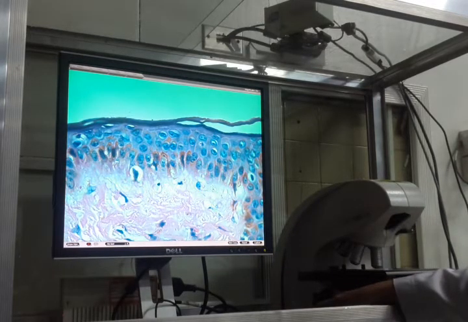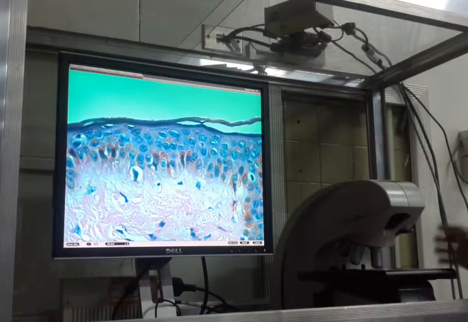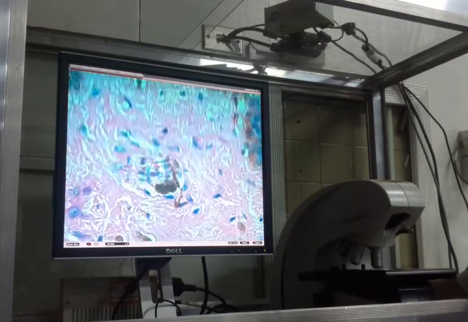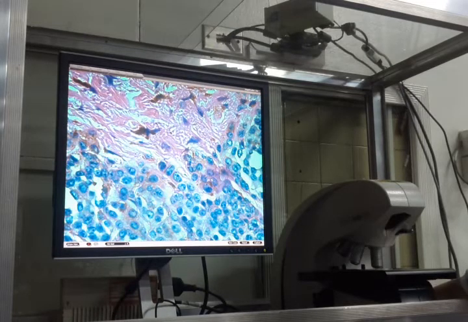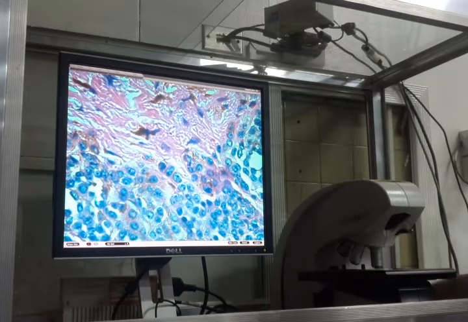So this is the basement membrane of the epidermis, and you are now in the dermal part, but you still see a cluster of melanocytes producing the same pigment. That's the melanin pigment, yellow-brown pigment, and this is likewise a neoplastic condition.